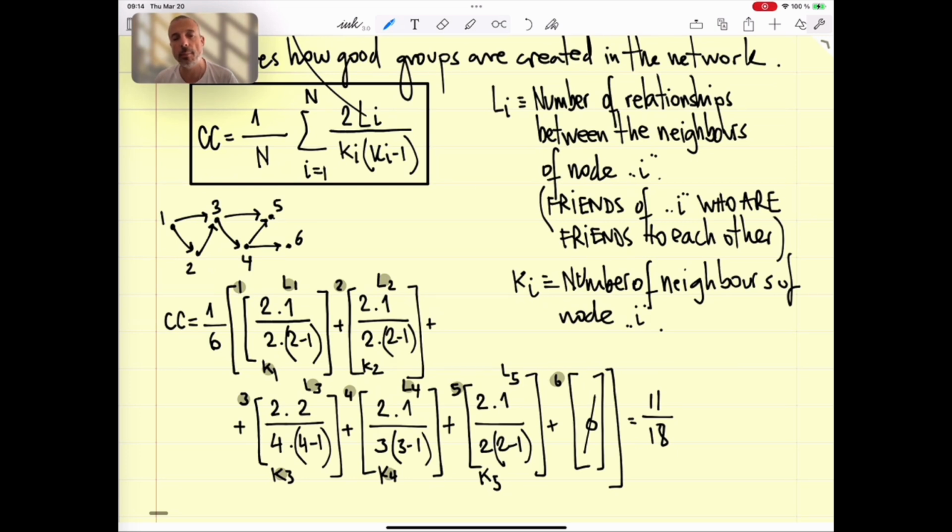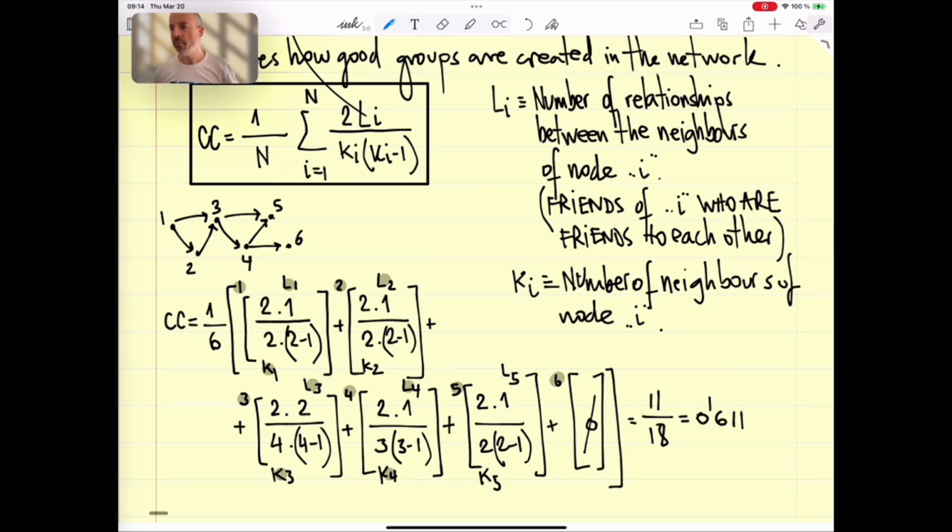In the exam, you will need speed. So how much is 11 divided by 18? 0.611. Okay, very good.